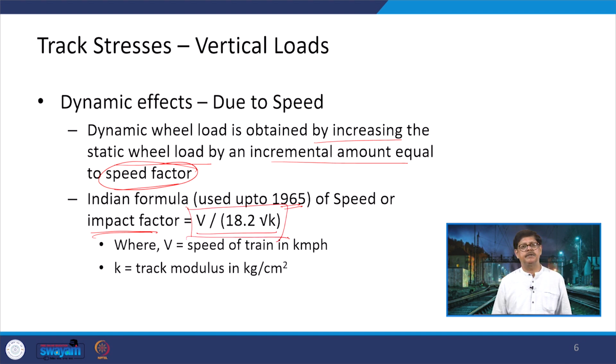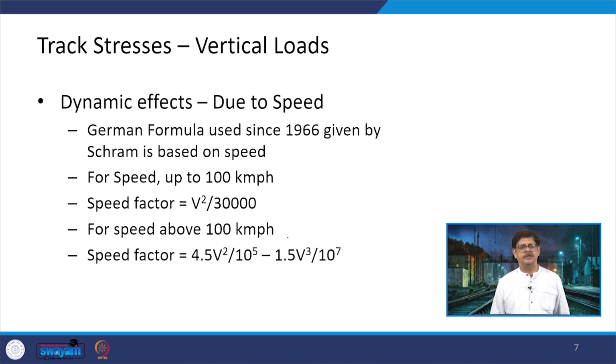So, this is the formula which has been used. Now, it has been replaced by a German formula which was introduced in 1966 and is still in use. It talks about two categories of speed. One is up to 100 kilometers per hour and another is above 100 kilometers per hour. In the case of up to 100 kilometers per hour, the speed factor or the impact factor is given by V square divided by 30,000.